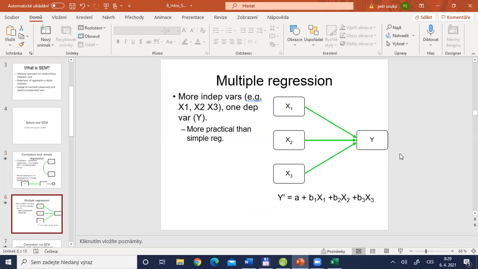So random error should be here. Okay, so that's the first thing that should be present here.